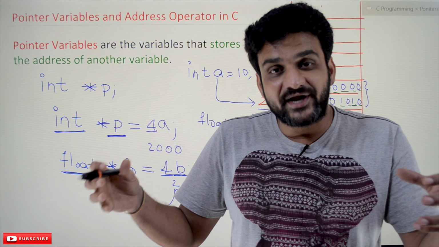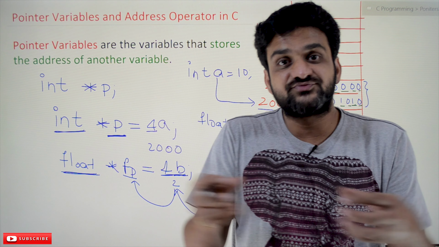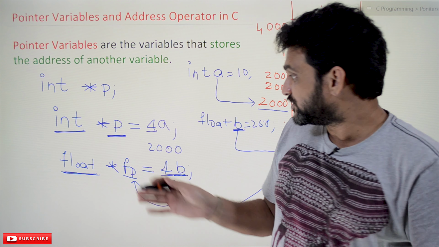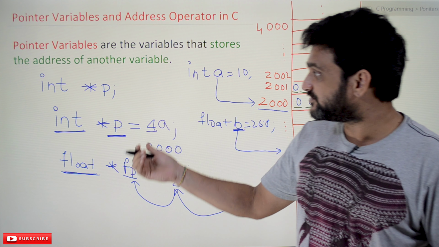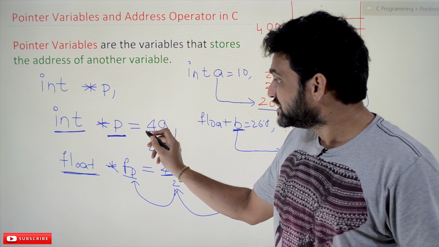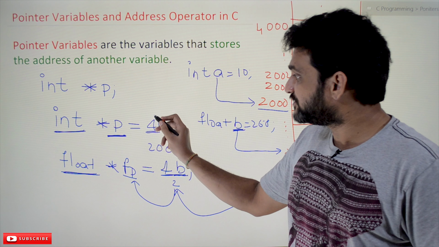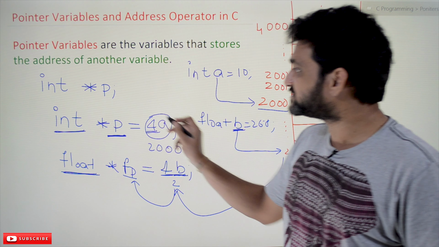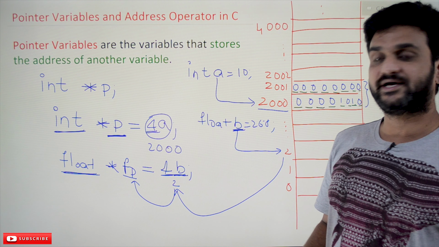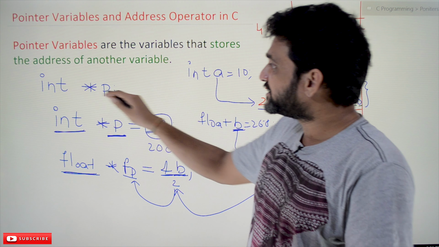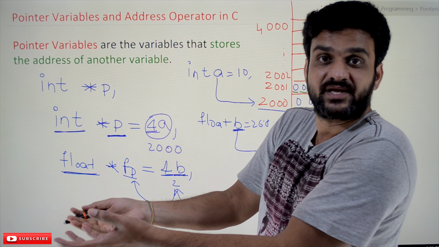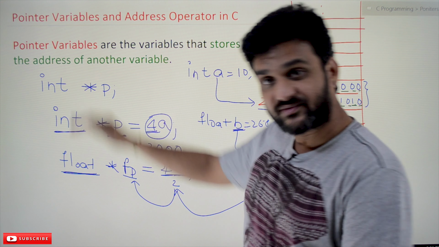Now, how will these pointer variables and address operators work in practice? In initialization, whenever we try to initialize an address to a pointer variable, we have to use this ampersand address operator. Now suppose we have declared it, but we want to assign the value to this pointer somewhere in the program.